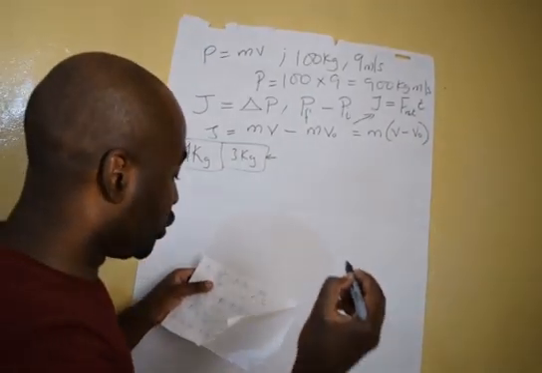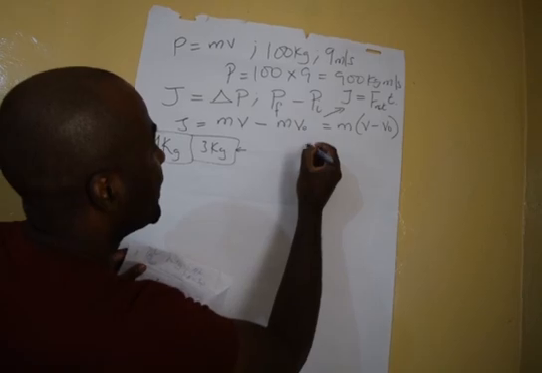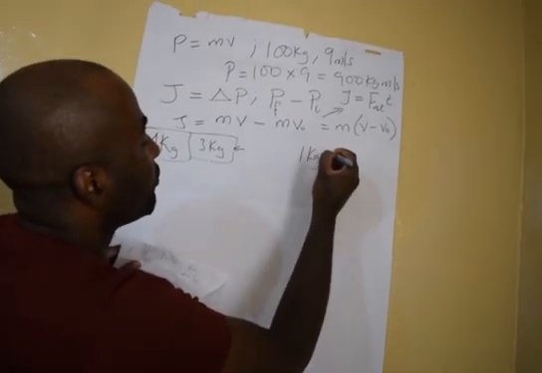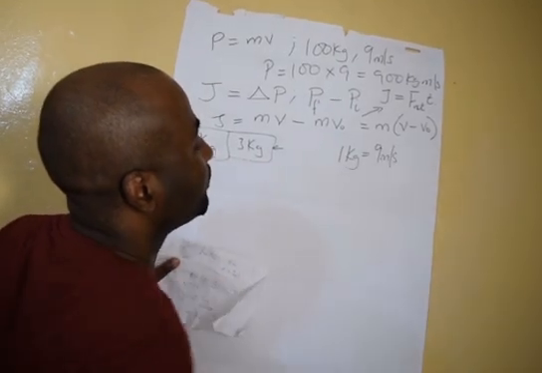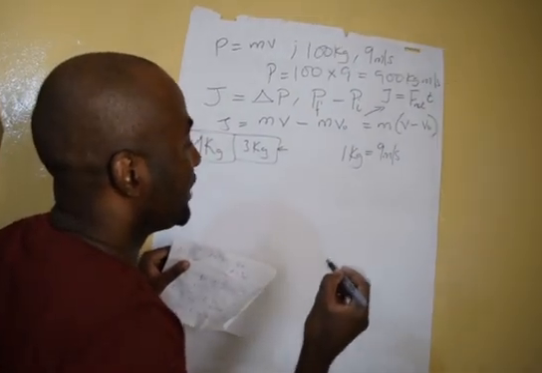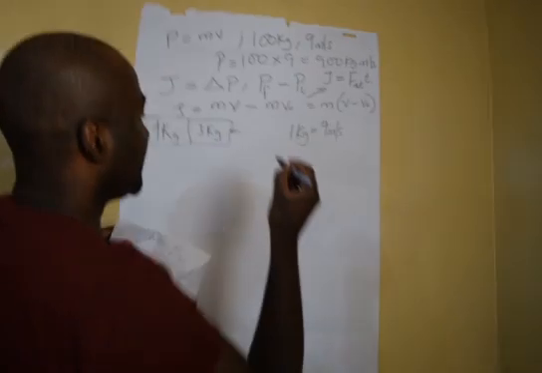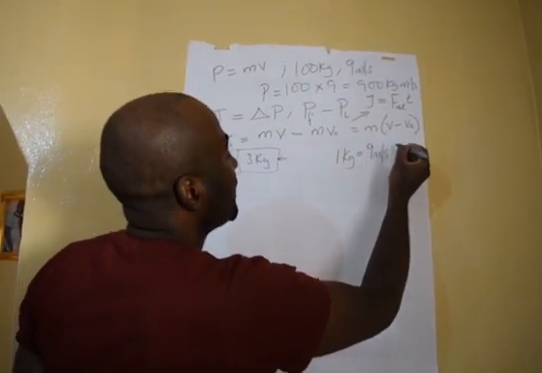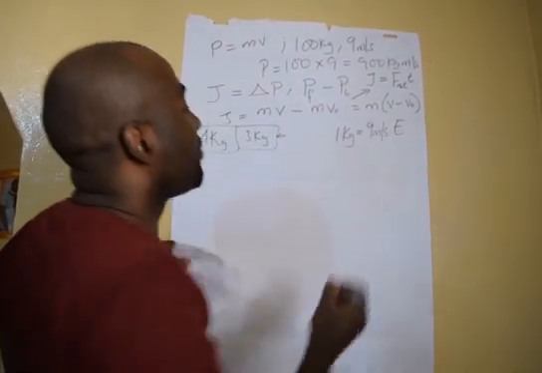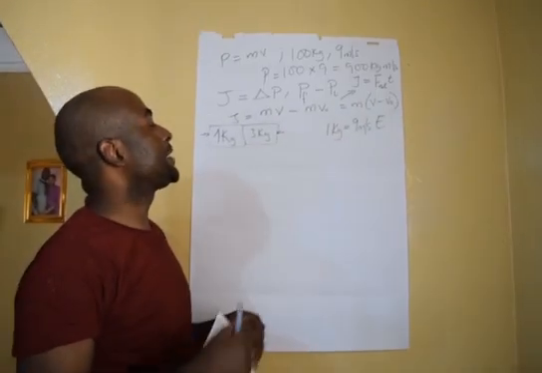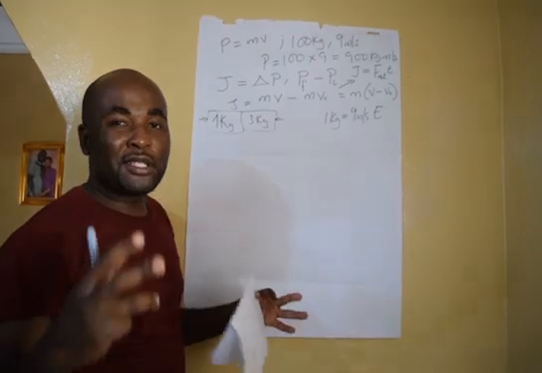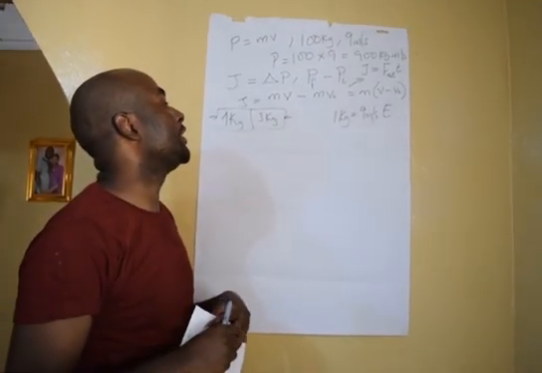After the explosion, you have the 1 kg moving at say 9 meters per second east. Remember that momentum is a vector, so when you get the word east, then you know it's moving in the positive x direction.